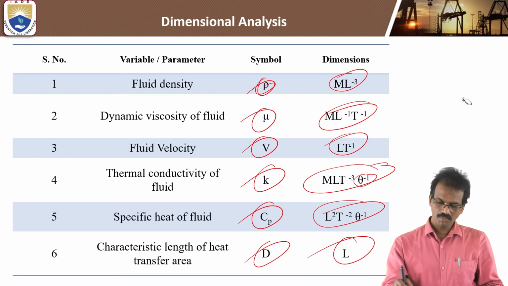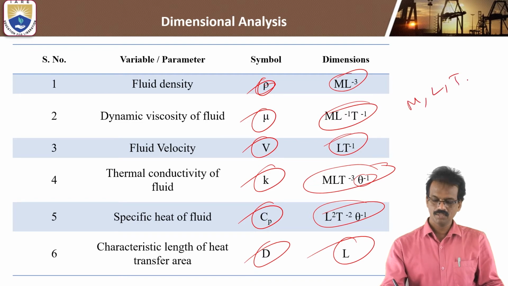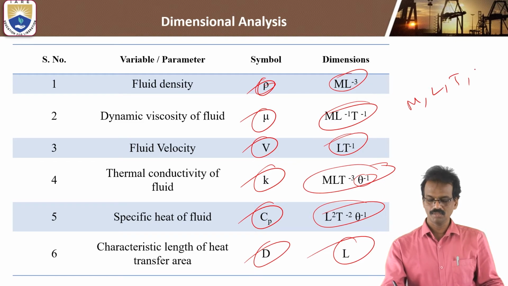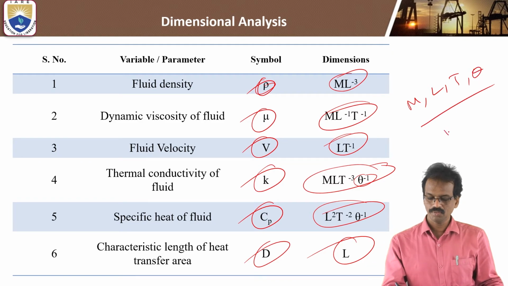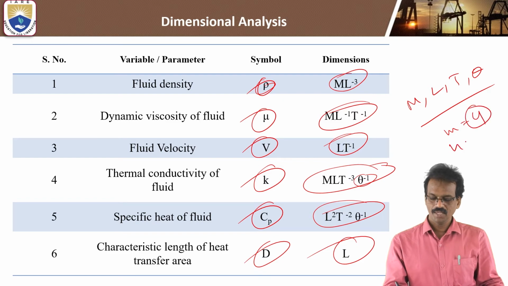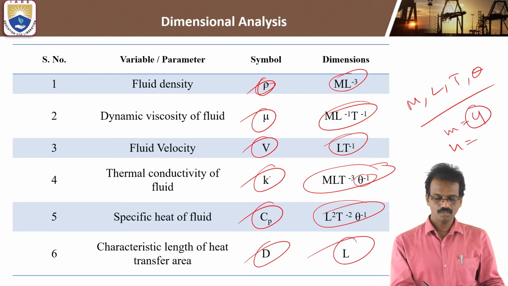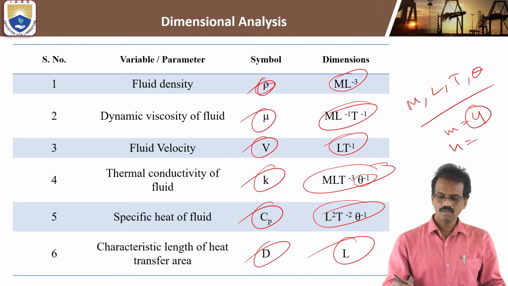Here the basic parameters are 4: M is there, L is there, time is there, and temperature theta is also there. So M value is equal to 4, and N value is 1, 2, 3, 4, 5, 6. 6 is this, so these are the function of h.